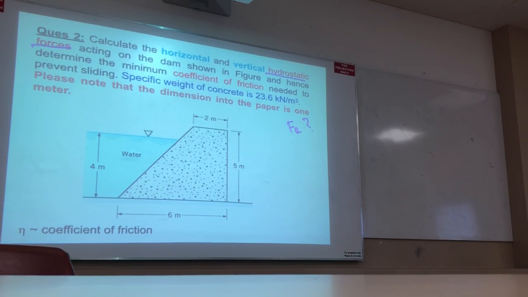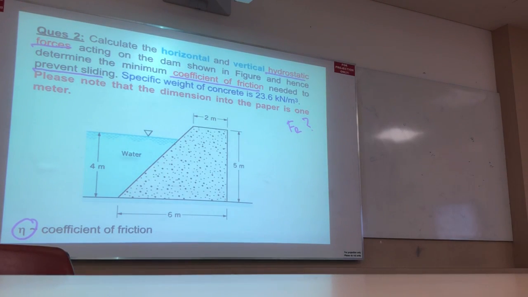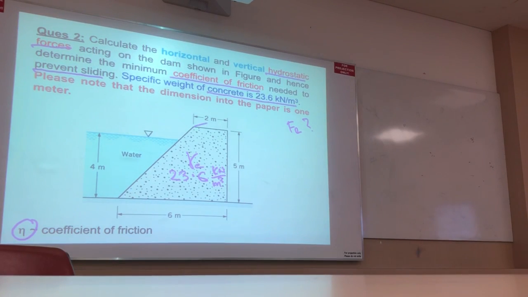Acting on the dam as shown in this figure and hence determine the minimum coefficient of friction, nu, needed to prevent sliding. Specific weight of the concrete is given, 23.6, right? Unit is kilonewton per meter cube. Alright? Please note that the dimension into the paper is 1 meter. That means this way, right, is 1 meter.